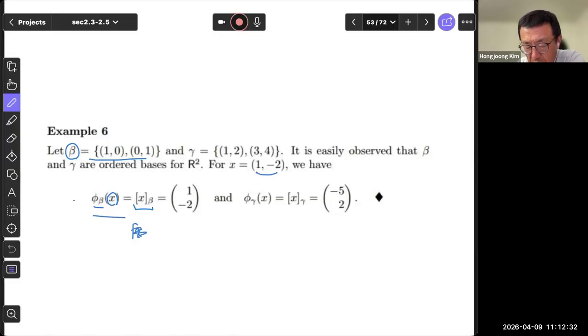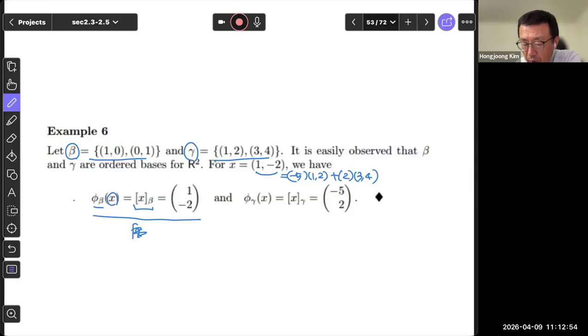But if I use gamma as a basis, (1, -2) is -5 times (1, 2) plus 2 times (3, 4).